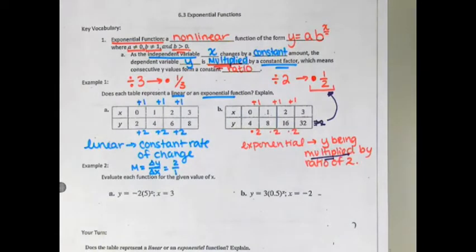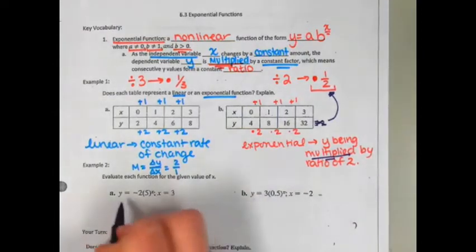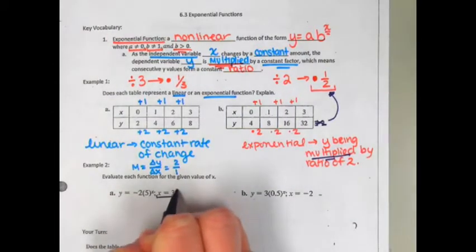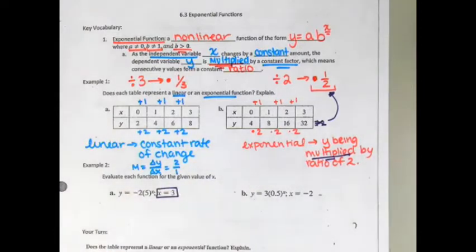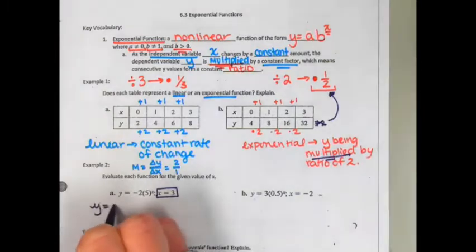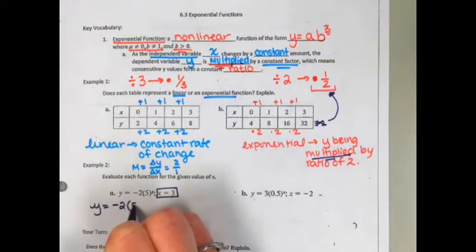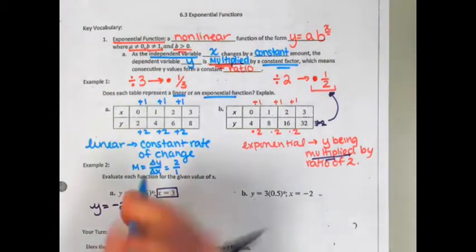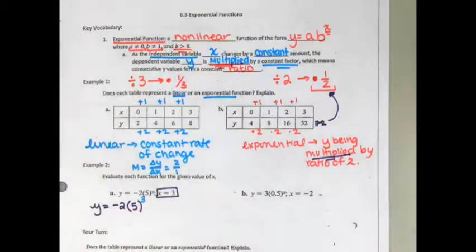All right, evaluate. What does evaluate mean? Solve. Plug it in and solve, okay? So evaluate for the value of x. So x equals 3. So do you think you guys could plug 3 in here and evaluate it? Yeah. So y equals -2 times 5 to what power? 3. Now, follow order of operations. Do I multiply or do my exponent first?